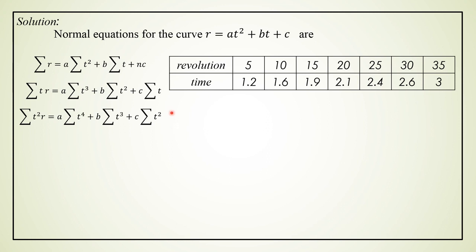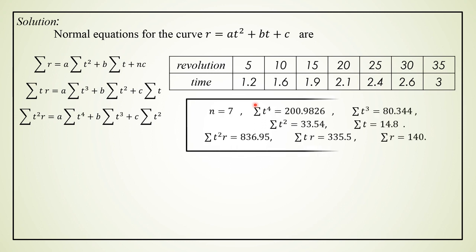I have just copied the observed data points, okay, in order to get the summation values over here. So the number of observed values over here is n is equal to 7. They have given you 7 observed values. Summation of t to the power 4 is 200.9826. Summation of t cube is 80.344.